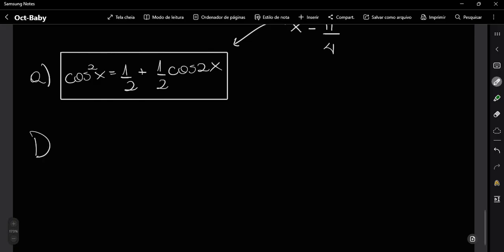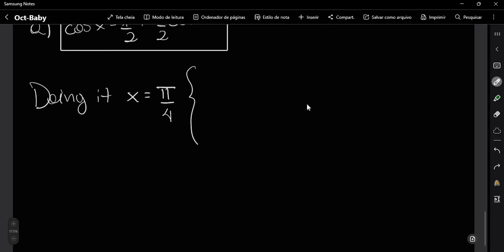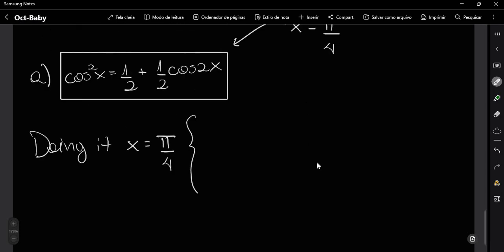So doing it, x equal pi over 4, and using this relationship, cosine square of pi over 4 is equal to 1 over 2 plus 1 over 2 times cosine of 2 times pi over 4.